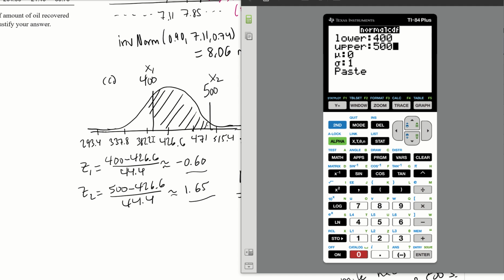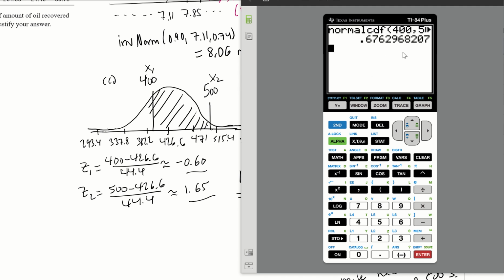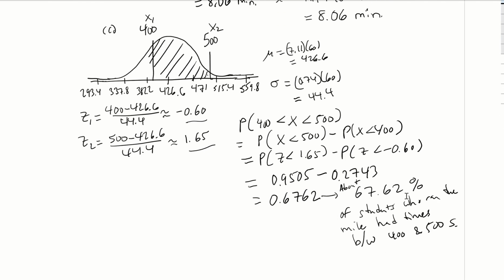My average was 426.6, and my standard deviation was 44.4. So it's 0.6762. That's exactly what we got, 67.62%. Perfect. So that's another way to do it, just to check your work.